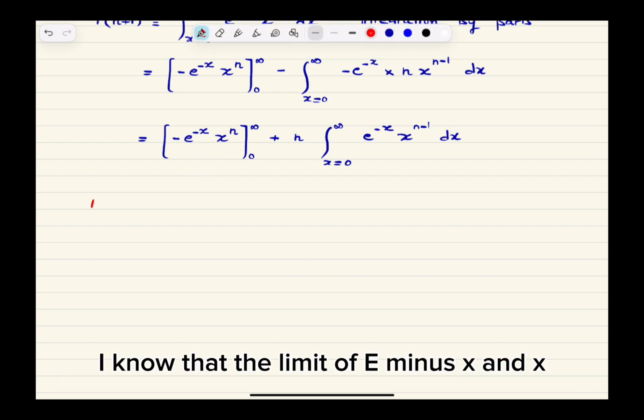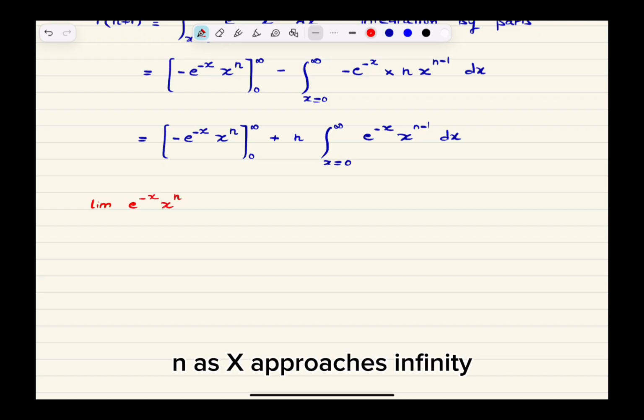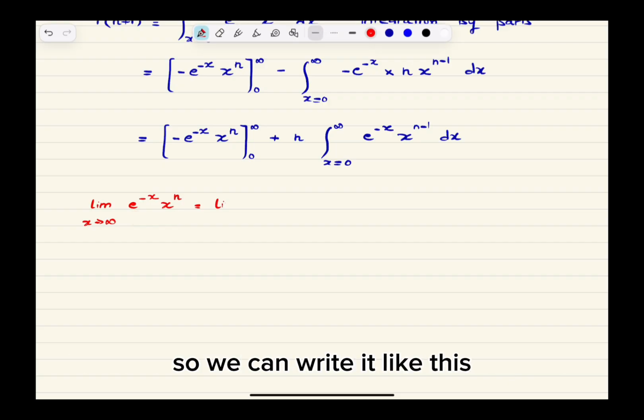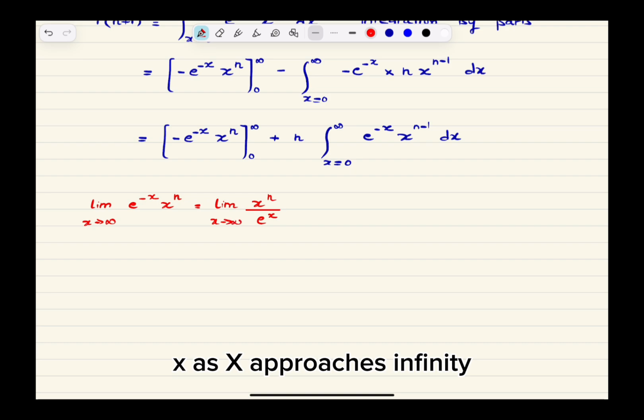First, let's evaluate this limit right here. I note that the limit of e^(-x) x^n as x approaches infinity doesn't make sense for us to evaluate by multiplying a 0 with an infinity, right? So we can write it like this: the limit of x^n over e^x as x approaches infinity.